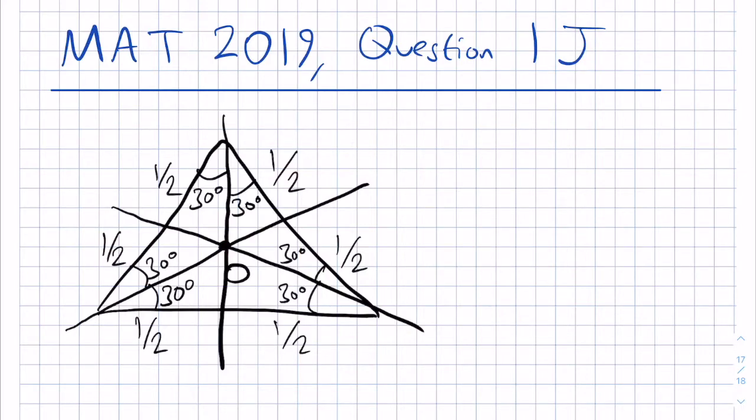Because of symmetry, we can restrict to considering only one of these 6 sectors of the triangle that we have formed by these bisecting lines. Again, this is because of symmetry, and we can reflect the triangle in order to see that we only need to consider, say, this sector here.